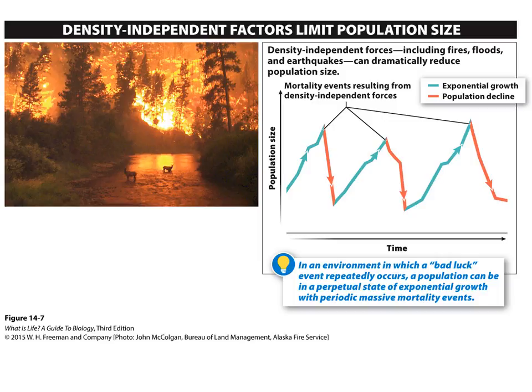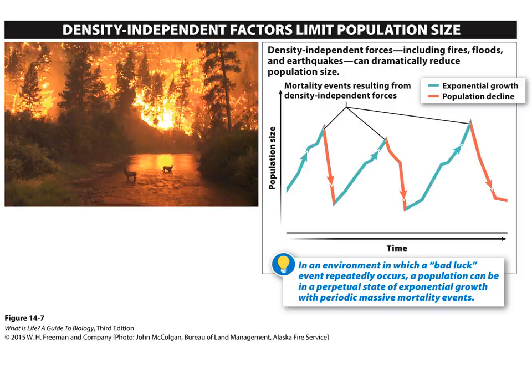There's also density independent factors in your environments that can limit population size. And in an environment with these bad luck events occurring, a population might never have time to grow as high as the carrying capacity. Instead, it might perpetually be in a state of exponential growth, but then it'll plummet with periodic massive mortality events.